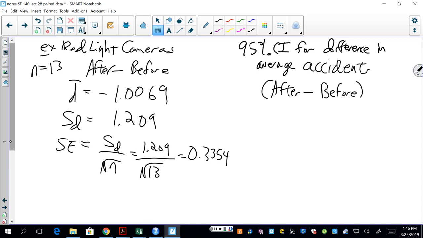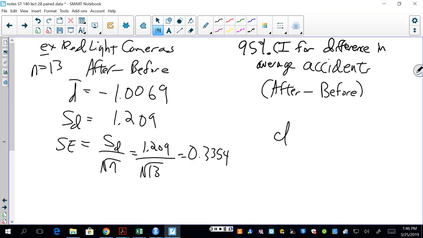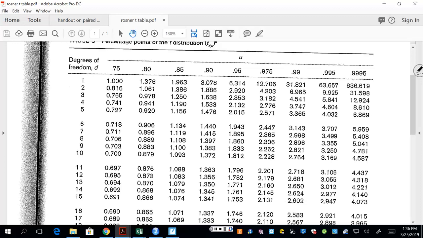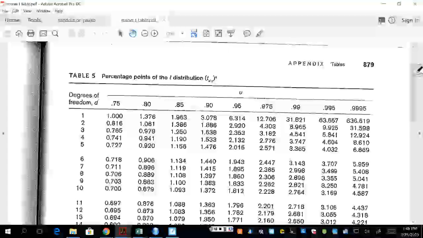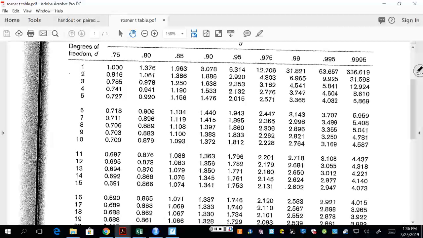So if we do a confidence interval, we need a t-value. We have degrees of freedom. What's the degrees of freedom? It's just 12. What's our t-value that we need? T-table, 95%. We don't look at the 95 column, we look in this one. 95 leaves 5% on the side, so there's 95 in the middle, and that extra 2.5.